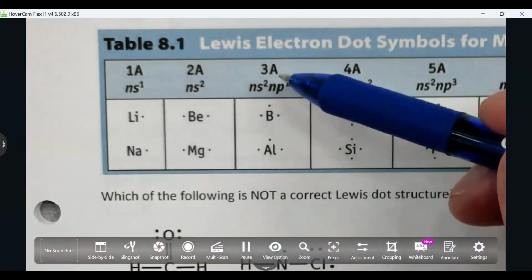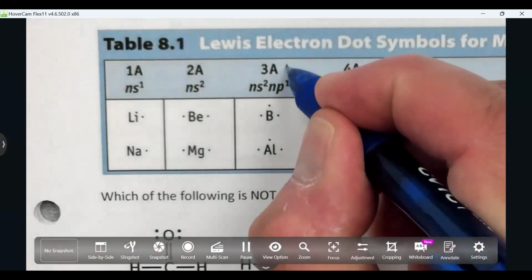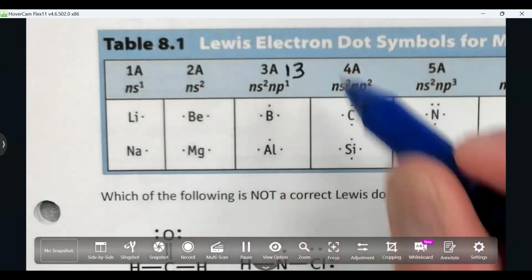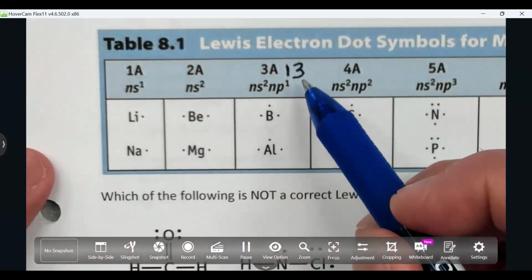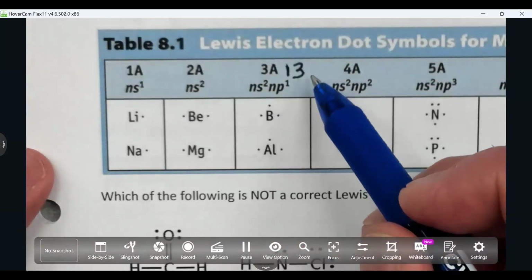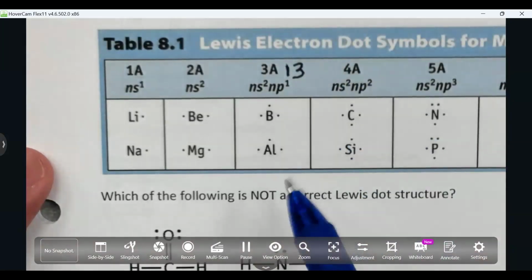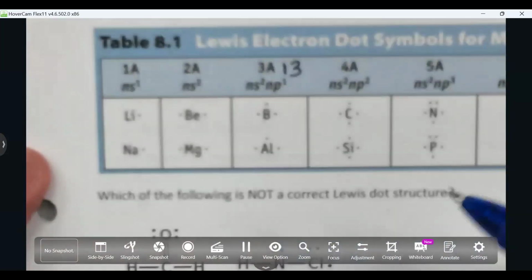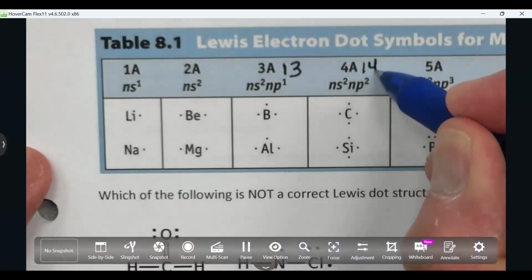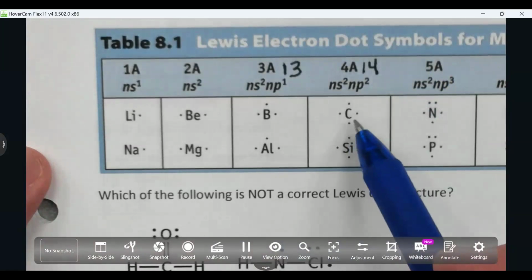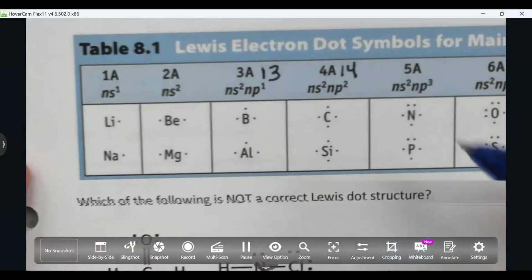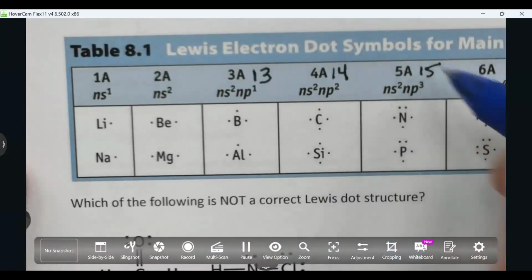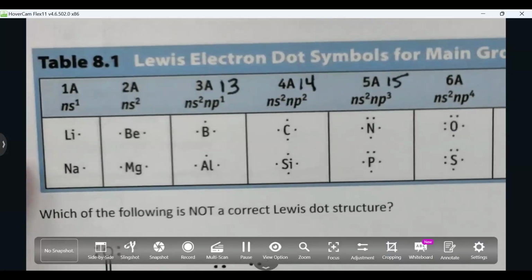This would be group 3, or I would call this group 13, with 3 valence electrons. Try to put them as far apart as possible. Group 14, 4 valence electrons. Group 15, 5 valence electrons.